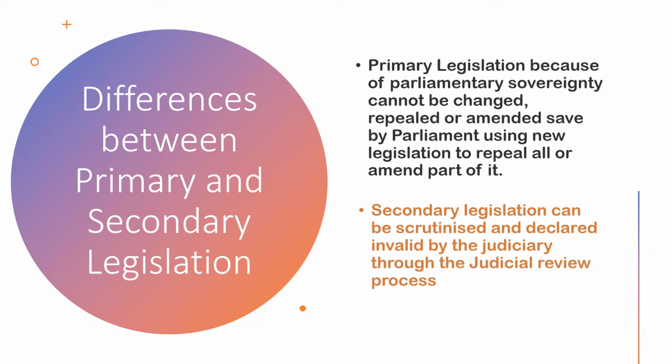Secondary legislation can be scrutinised and declared ultra vires, which is another word for invalid, by the judiciary through a judicial review process. Primary legislation can't be declared invalid by a court of law. It requires amendment or repeal by Parliament itself to change it.